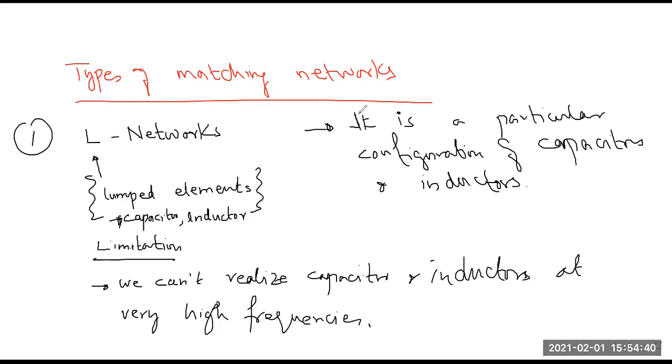In a short while, this sentence will make more sense to you once I draw the circuit of L networks. Right now, I'm just going through what the types are. So one of the types is L networks. And what is an L network? It involves use of capacitors and inductors in a particular configuration. Okay.